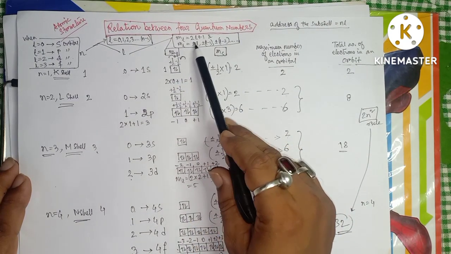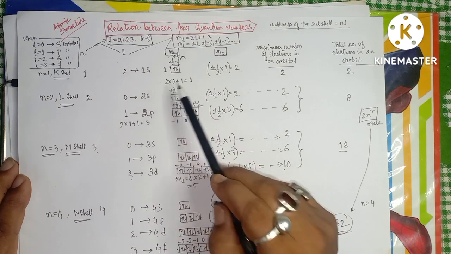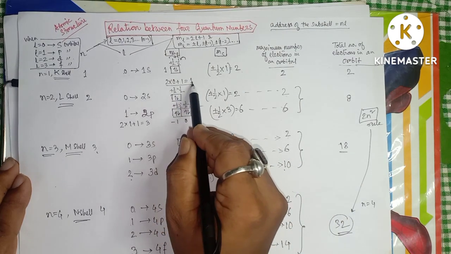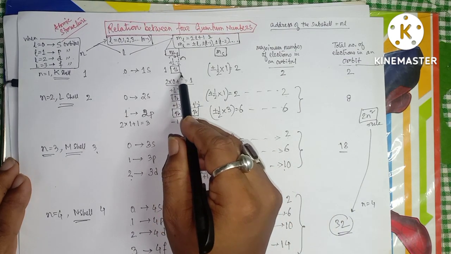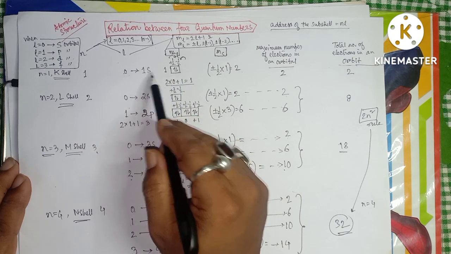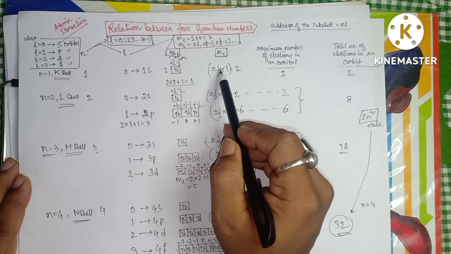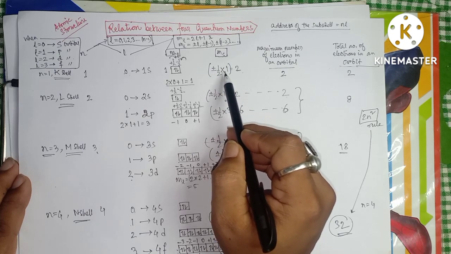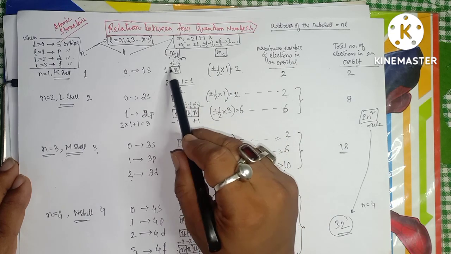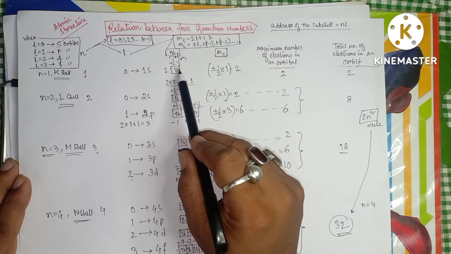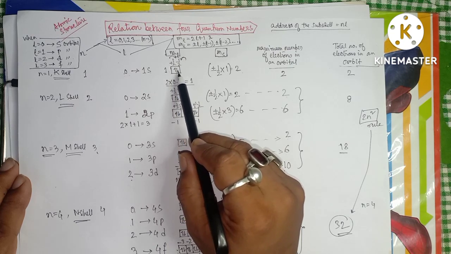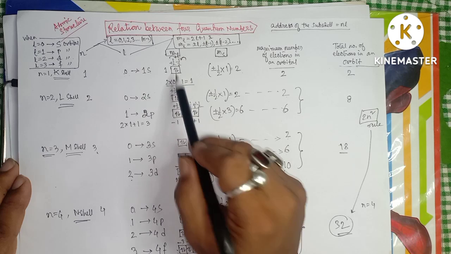With the help of the ml and l relation, we get the value 1. 1 represents one orbital, one room in 1s orbital, and ms represents the spin quantum number, that is plus half and minus half. Both electrons may be present in the same room, but they do not repel each other.